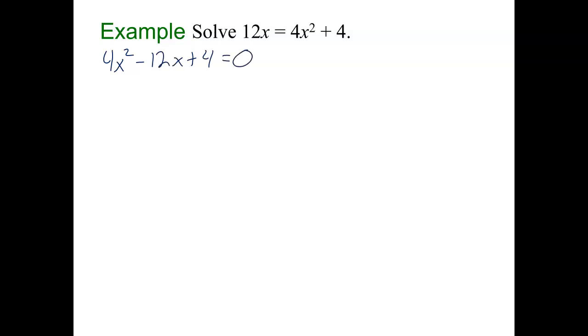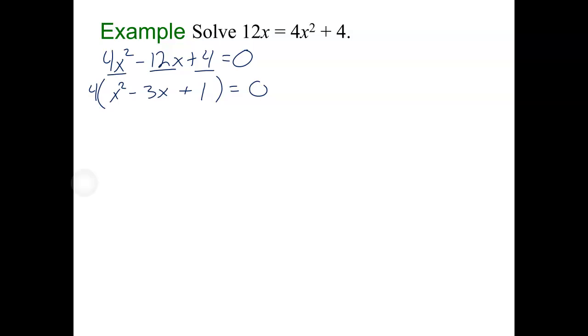Okay? What do you notice about all three of those terms? They have a common factor of 4. So we can factor out that 4. If I factor out 4, what am I left with? I don't need to complete the square. I'm just factoring out a 4 because all of these have a common factor of 4.